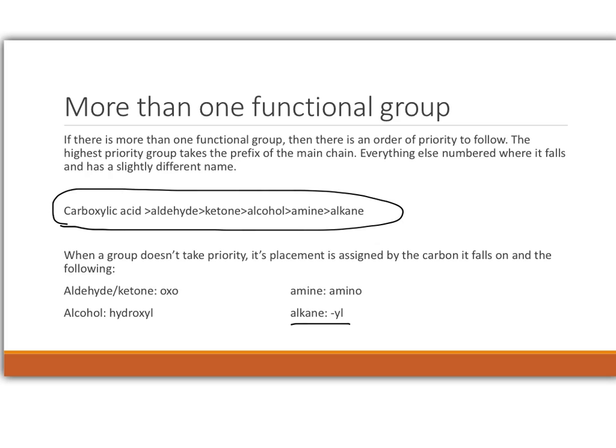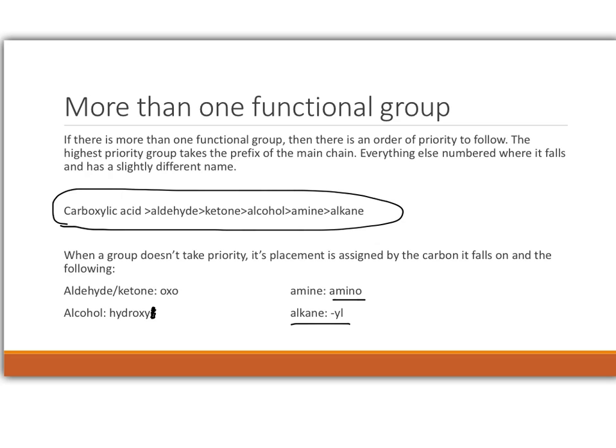For an alcohol, there's not supposed to be an L on there, it's hydroxy. It's called a hydroxyl group, but the word you would use is hydroxy. And the amine will be an amino group.